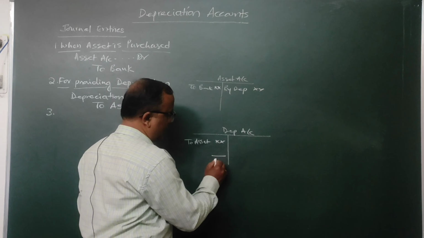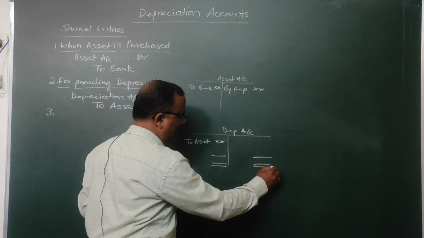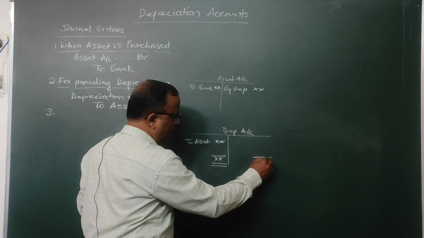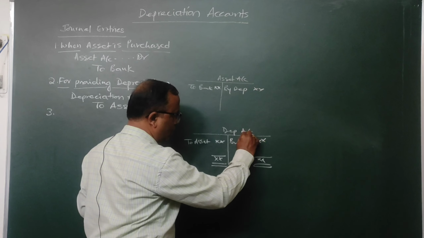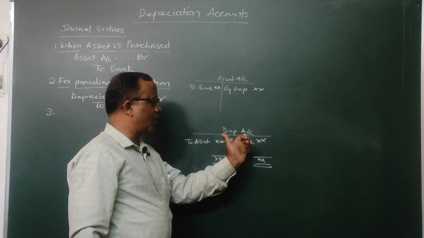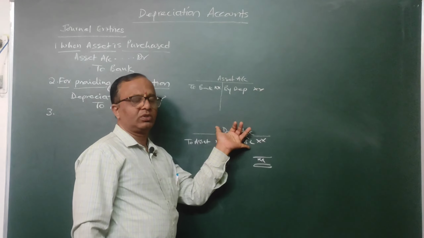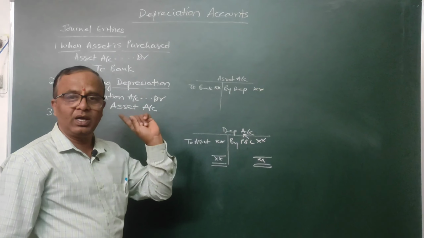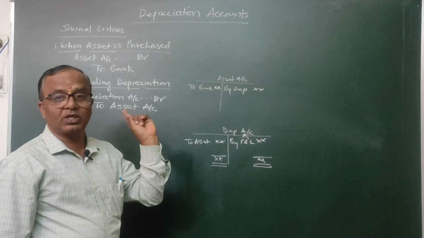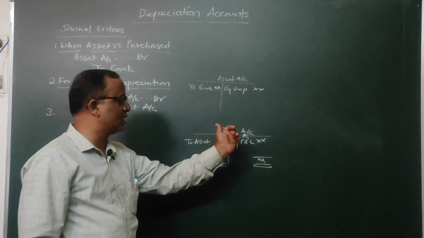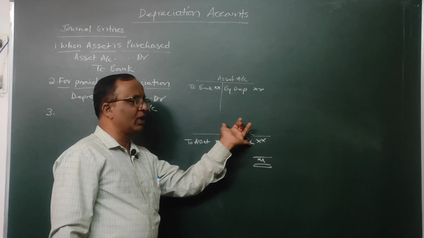When you balance this, you observe at the end of the year this balance you will put here, and write it as 'By profit and loss account'. So our entry will be profit and loss account debit to depreciation. That means in profit and loss account it will be debited. That is how in final accounts depreciation account will be debited to our profit and loss account. This is the adjustment entry we are writing.